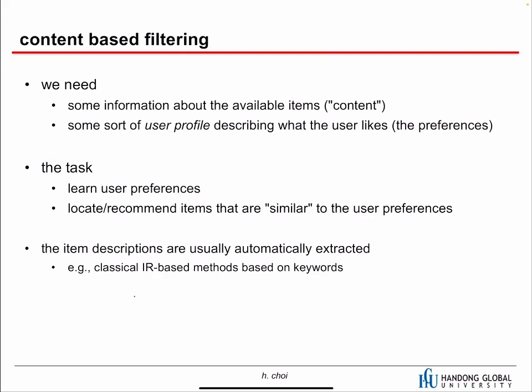When we compare two items, then we need to calculate some distance or dissimilarity. So to calculate the dissimilarity between these two items, we need some vector, right? And how can we extract this vector from items? That's the important thing for content-based filtering.